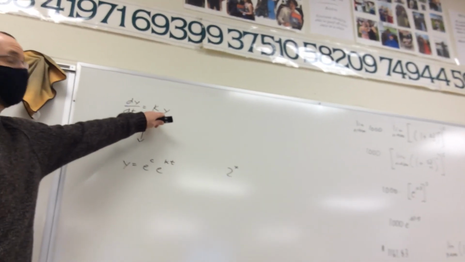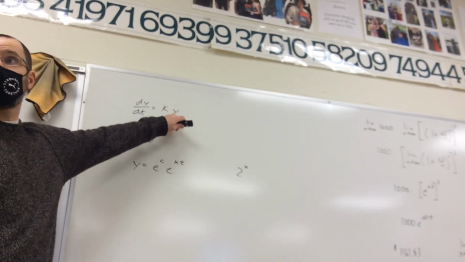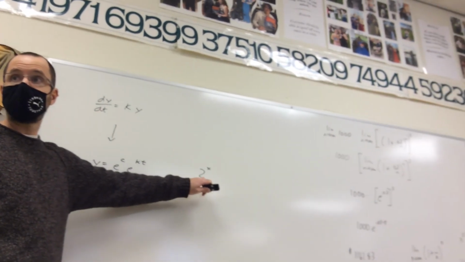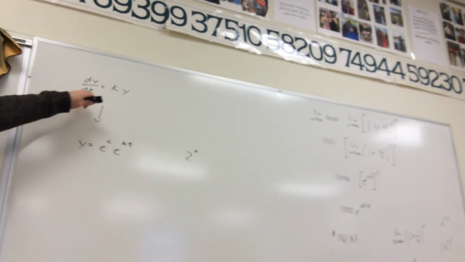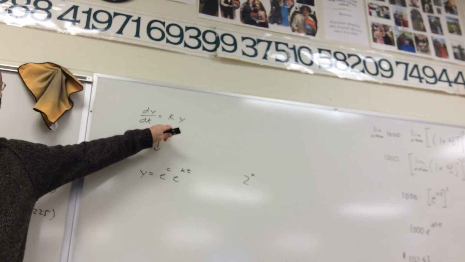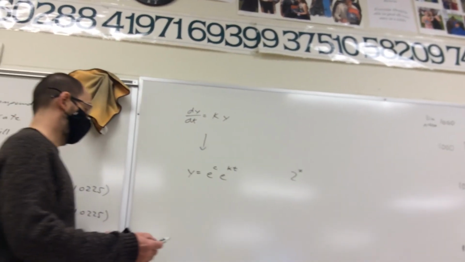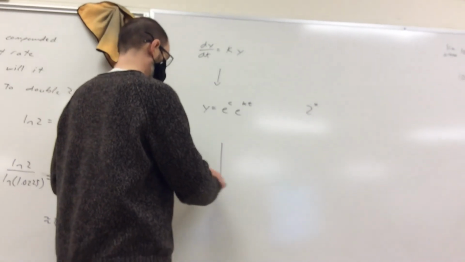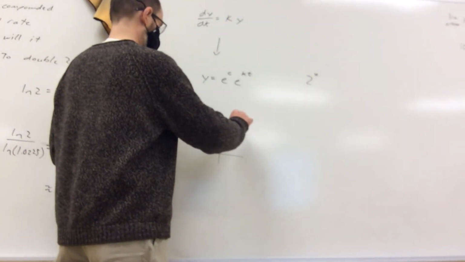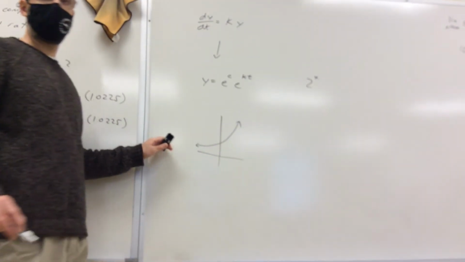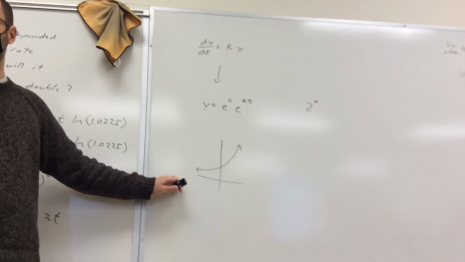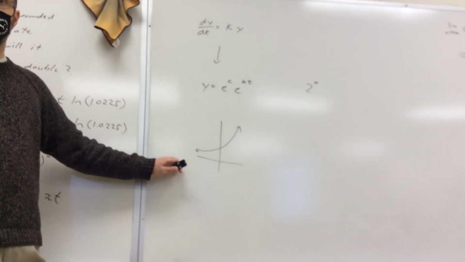This was 0.69 times y, and it turned out to be 2 to the x. So anytime you have the rate proportional to the y value, it's going to be exponential. And that means that the graph looks like this. That's an exponential graph.